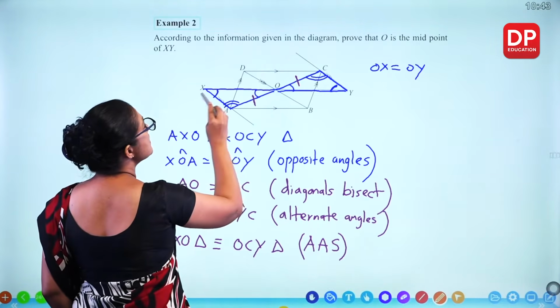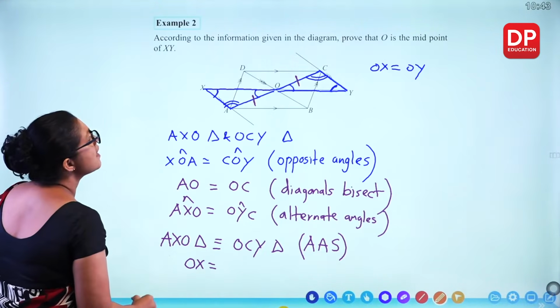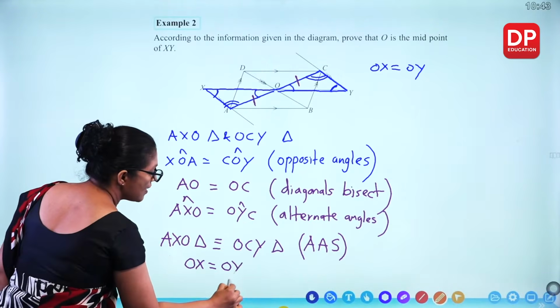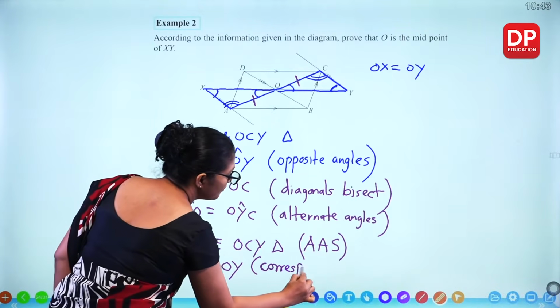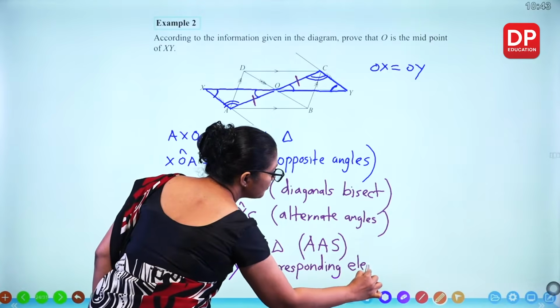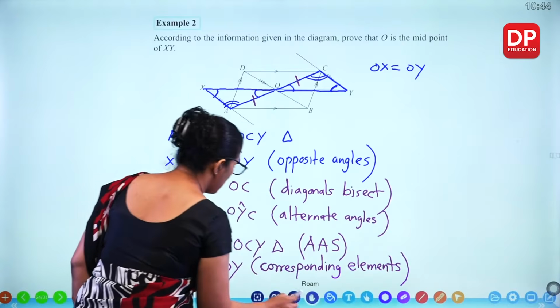Corresponding elements means OX is equal to OY. I'll write corresponding elements. Corresponding elements are equal.